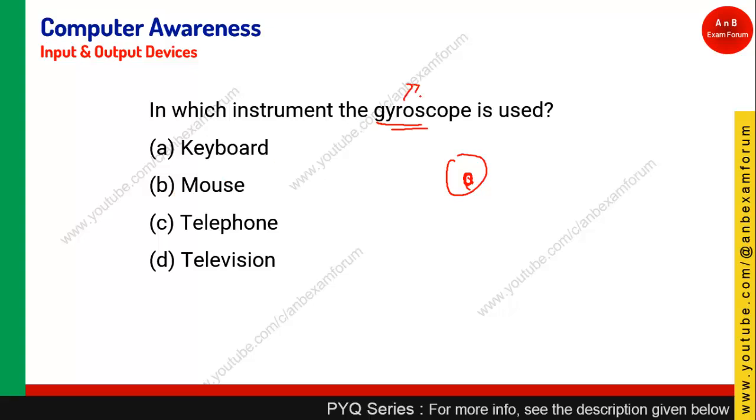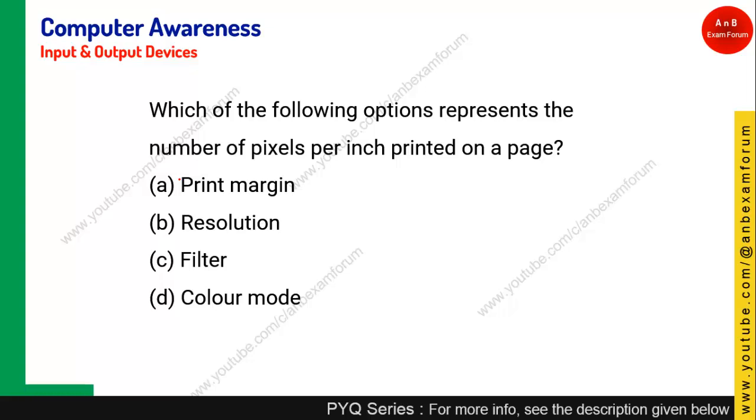Gyroscope is basically a sensor part which gives the angular motion, angular rates. So in earlier days, the mouse had a gyroscope in it. Nowadays laser mice are there. So option B is the right answer.